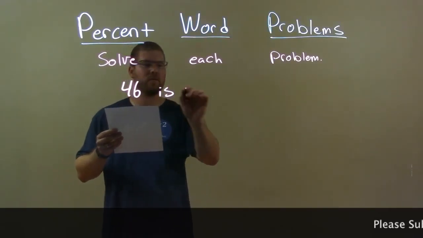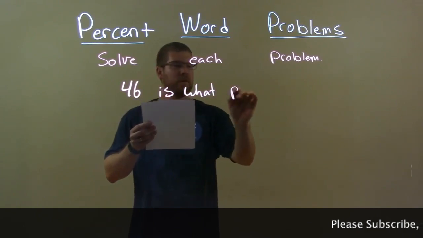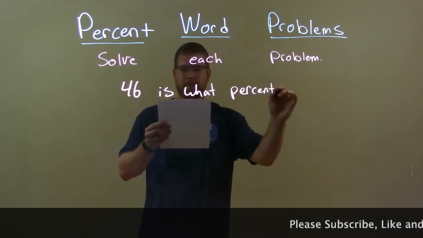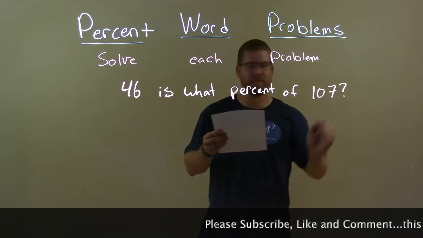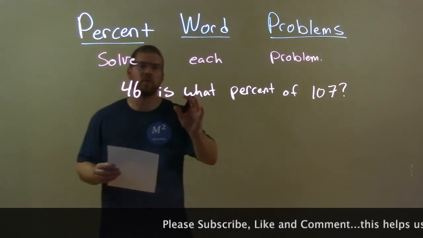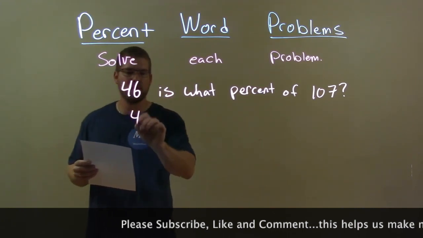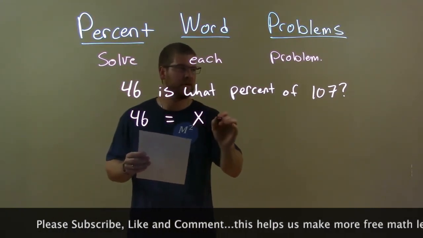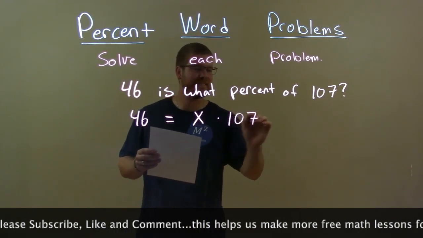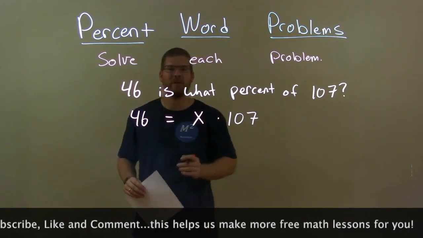46 is what percent of 107? So let's write this word problem as an equation. 46 is equal sign what percent x of 107. So we're going to solve for that x.